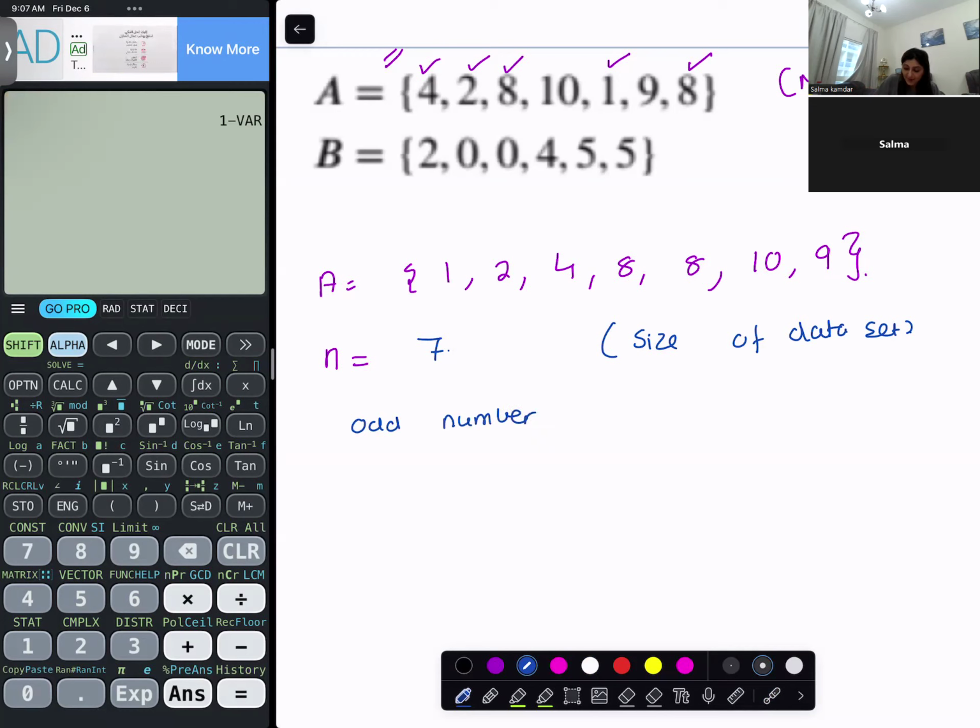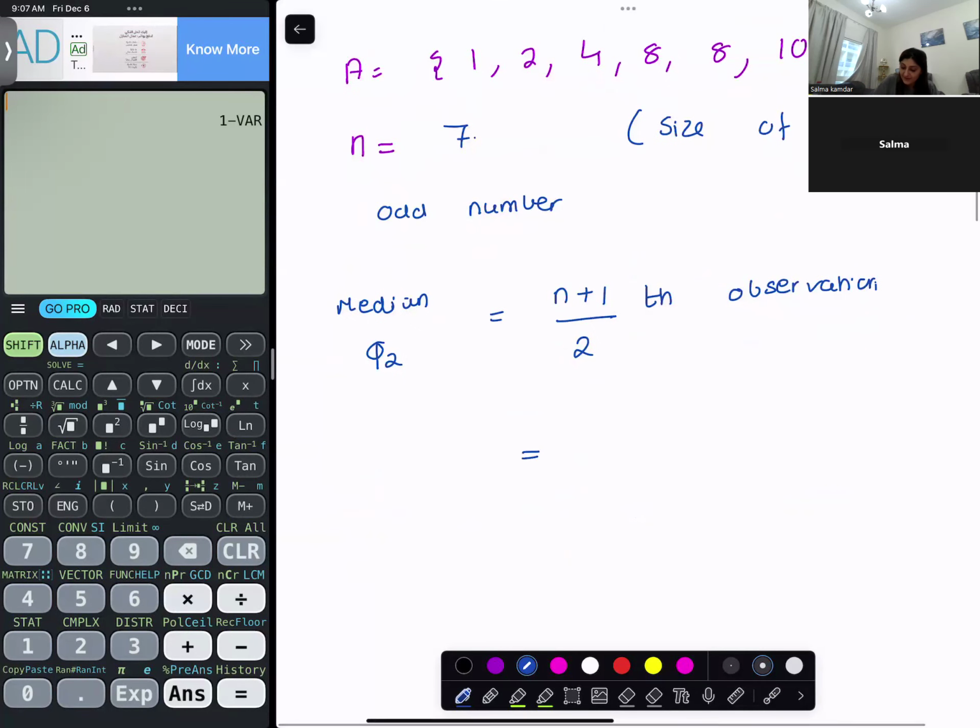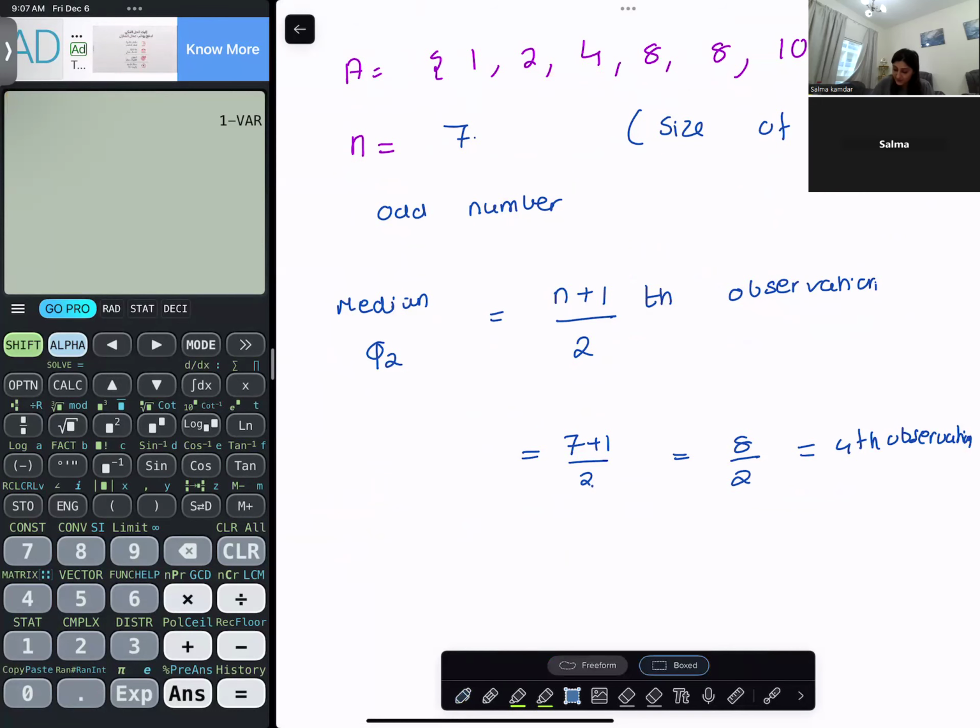So my median, or my Q2, is equal to the (n plus 1) divided by 2th observation. So it would be equal to 7 plus 1 divided by 2, or I would say 8 divided by 2, and it is the 4th observation. So my median is nothing but my 4th observation.